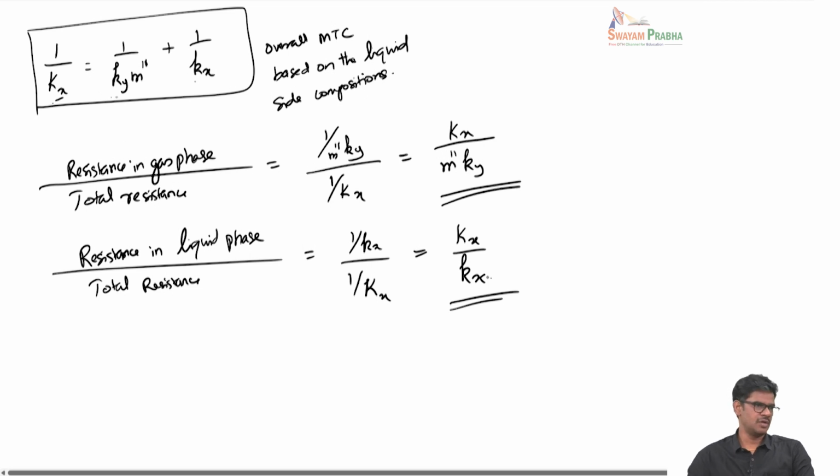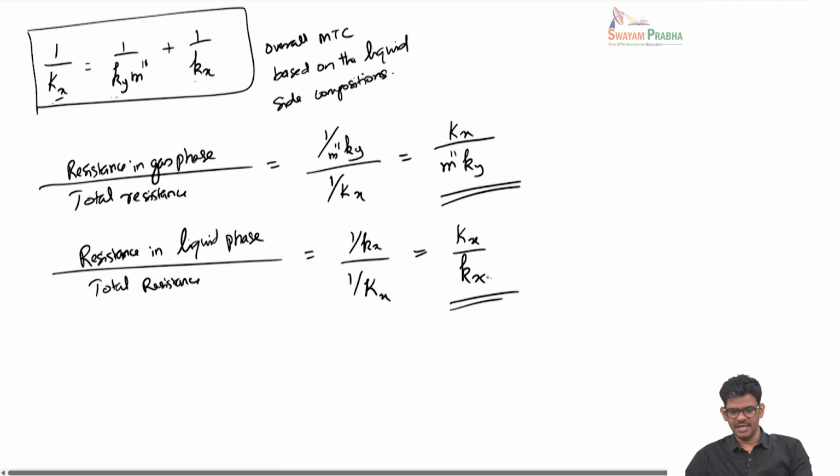It's vanishingly small, and that basically brings us to the case that the overall resistance lies in the gas phase, because the liquid wants to absorb the gas very fast, very easily, because it's very highly soluble. So you're not expecting any resistance in the liquid phase at all. So the majority of the mass transfer resistance now comes from the gas phase. That's the physical implication of the slope of the line being very small.